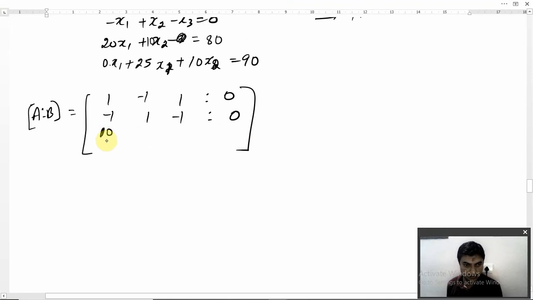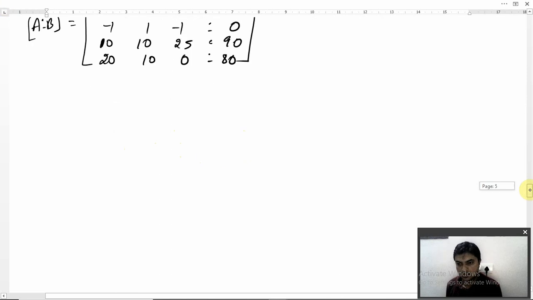Zero, first one is 0, sorry. This is 10, and this will be 25, and this is going to be 90. The next one is 20, 10, 0, and 80.